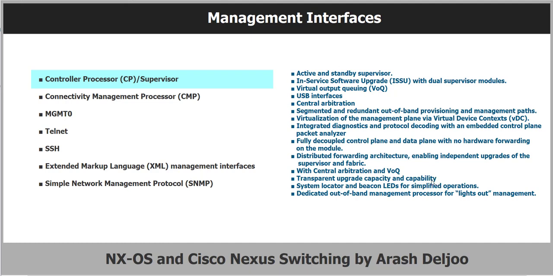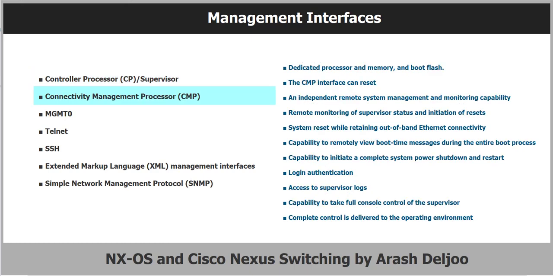And after that, transparent upgrade capacity and capability designed to support 40 gigabit and 100 gigabit per second Ethernet. And then system locator and beacon LEDs for simplified operations. And finally, a dedicated out-of-band management processor for lights out management.